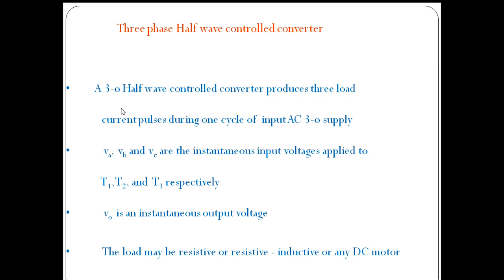A three-phase half-wave controlled converter produces three load current pulses during one cycle of the input AC three-phase supply. For one cycle we are getting three pulses. VA, VB, VC are the instantaneous input voltages applied to thyristors T1, T2, T3 respectively, and V0 is the instantaneous output voltage.